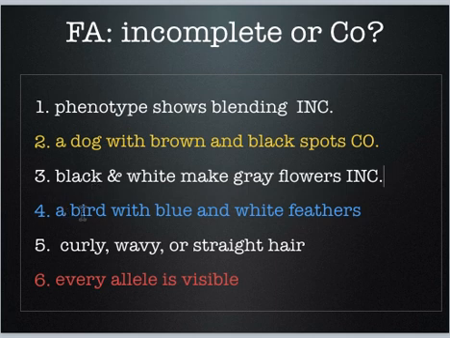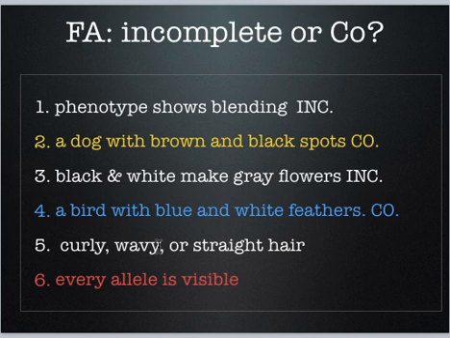All right, number 4, a bird with blue and white feathers. So is that going to be incomplete dominance or codominance? Well, you see two different things at the same time, so it's got to be codominance. All right, number 5.